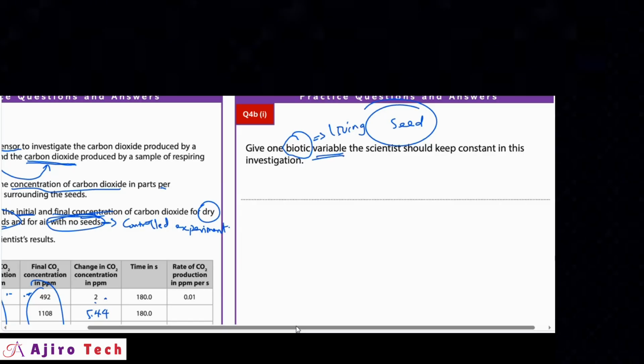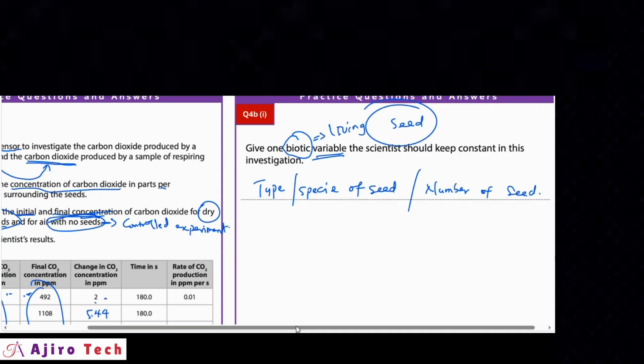It's going to be a variable, so you cannot just write a seed. You may put type or species of seed, or even number of seed.